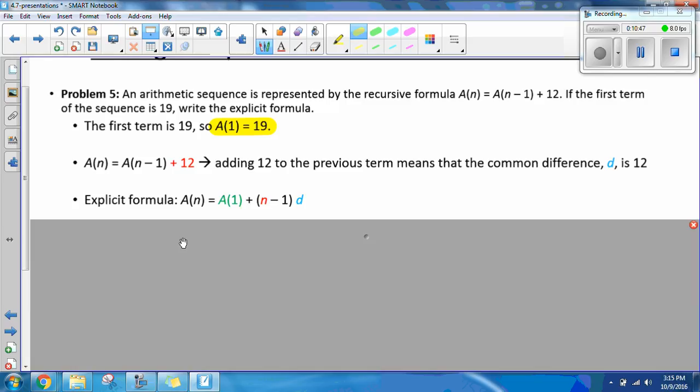So our explicit formula, remember, is the nth term value equal to the first term value plus n minus 1, so all the numbers of the terms before it, multiplied by d.